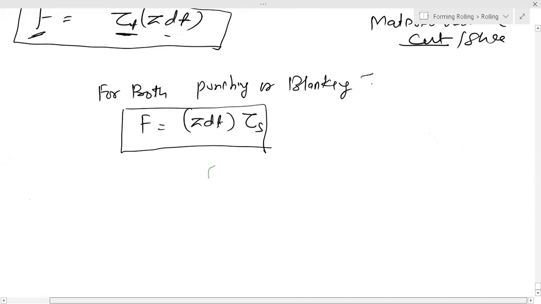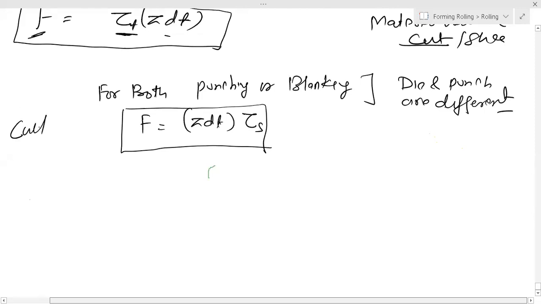The only difference is your die and punch. Die and punch are different, but the cutting force will be the same.